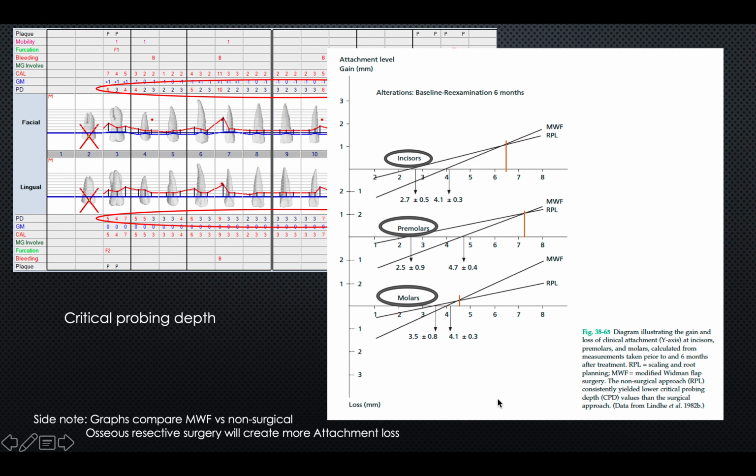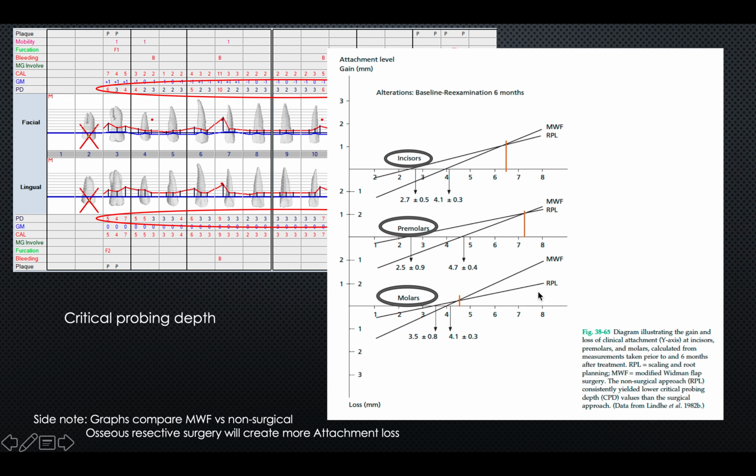I'm going to explain again for molars, just to be clear. I have modified Widman flap, this line, and I have scaling and root planing. If my probing depth is 4.5 or less around molars, there's no advantage of doing modified Widman flap because I don't gain more clinical attachment.